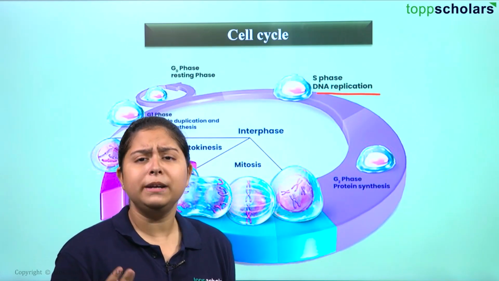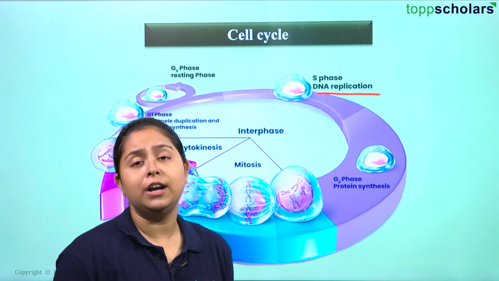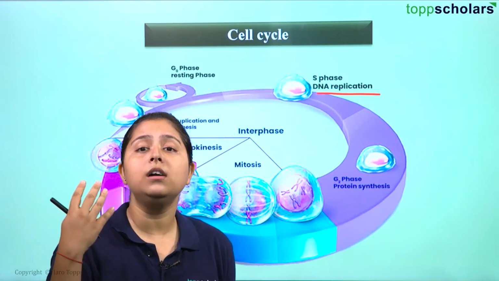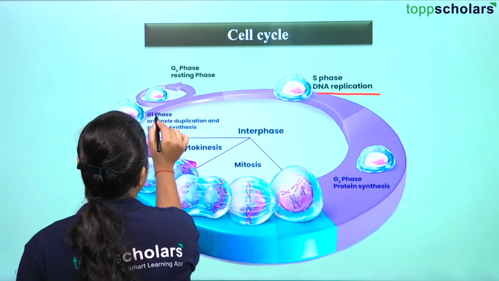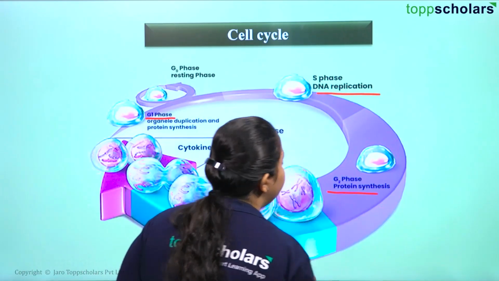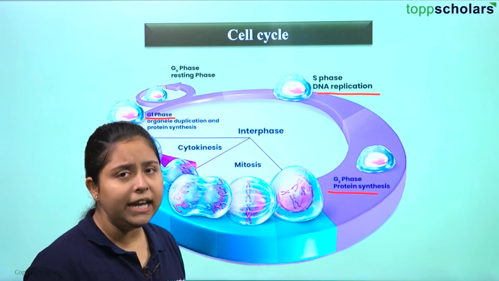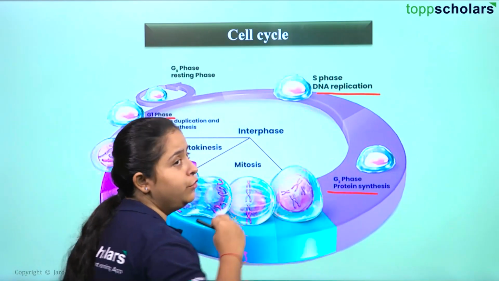Why? Yes, because it is genetic material. It has all the information to run the cell and to run the organism itself, right? So here we have G1 phase, then S phase, then G2 phase. Now there are certain events that take place in G1, S and G2 phase.